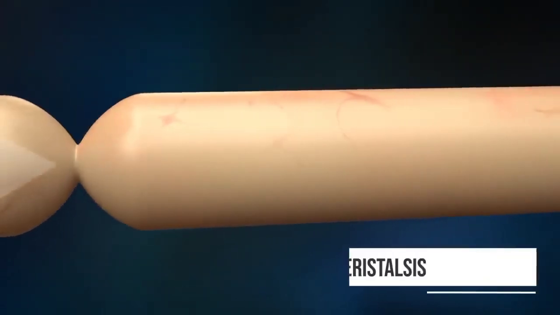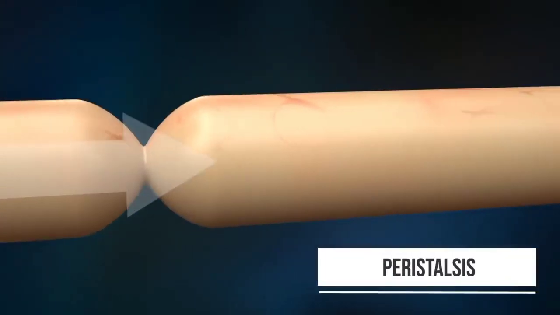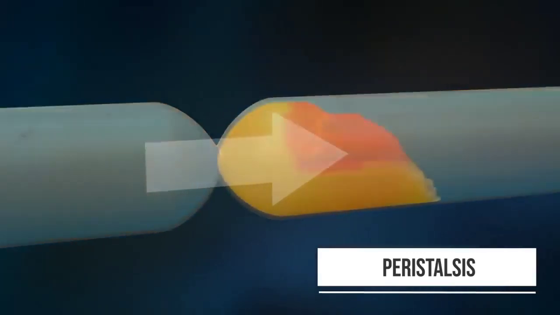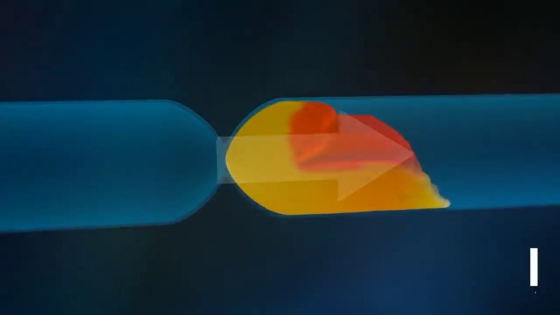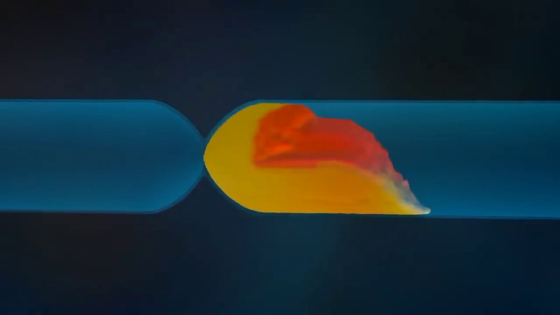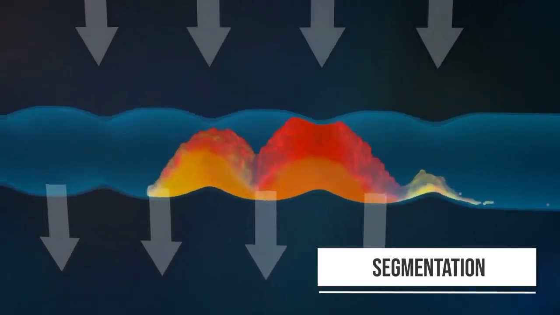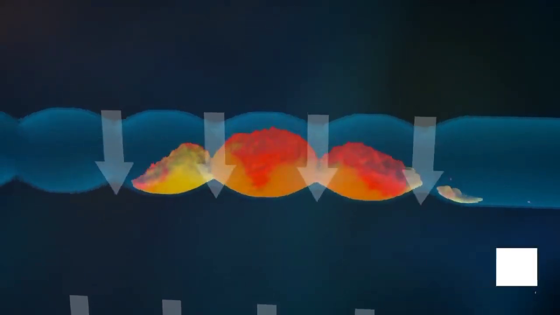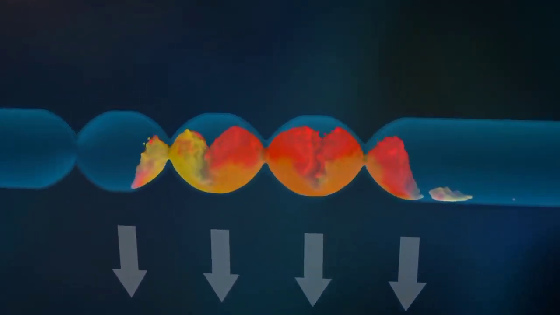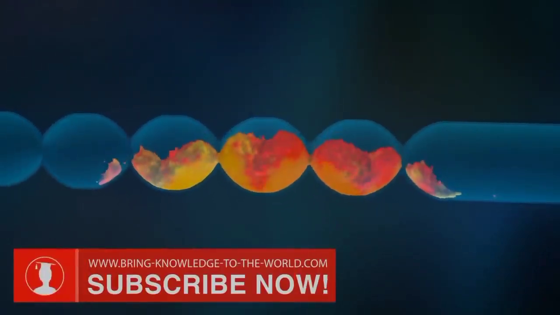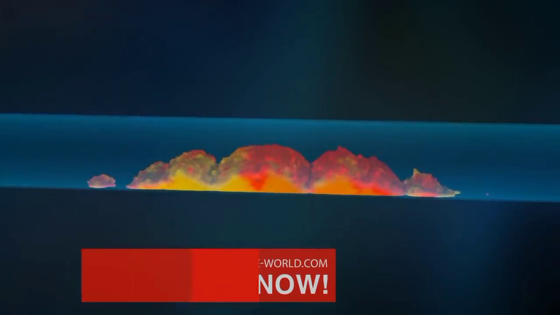As with the esophagus, the food is transported by peristalsis contractions. Segmentation contractions serve to mix the semen, which is shown here in yellow and red, to make it easier to see the mixing process. The large intestine is thicker than the small intestine.